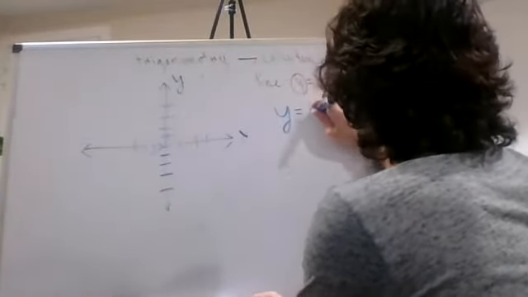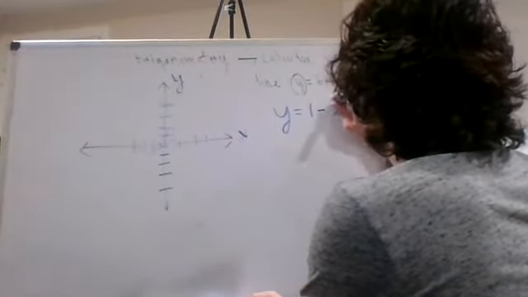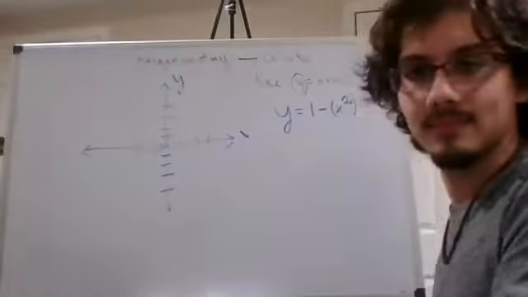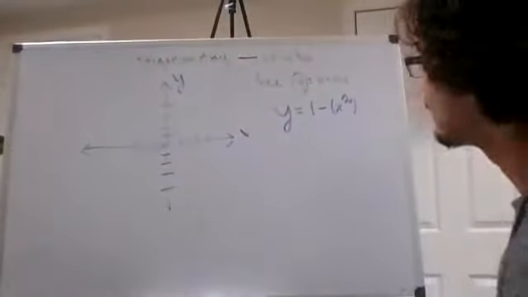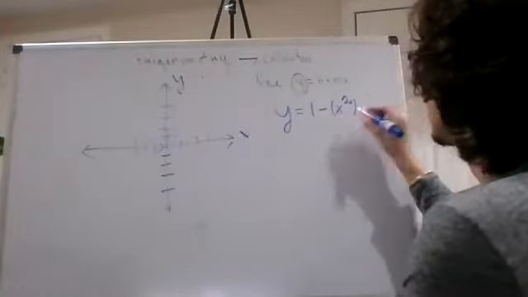So we have the function y equals 1 minus x squared.